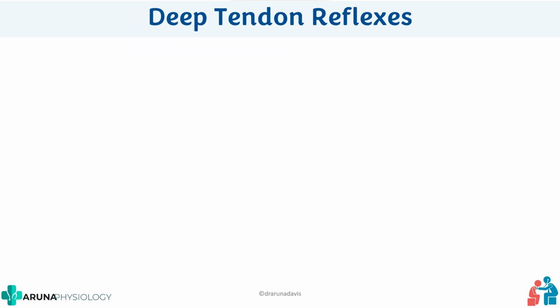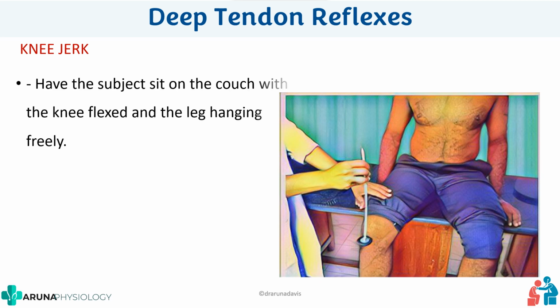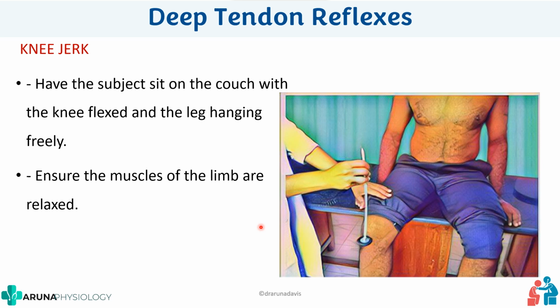Next, a very important jerk is the knee jerk. So we have to know how to do this knee jerk. Again, it's a very common examination. To elicit the knee jerk, we can ask the subject to sit with the knee flexed and the leg hanging freely like this. We have to ensure that the muscles of the limb are relaxed, and then you have to palpate for the patella.